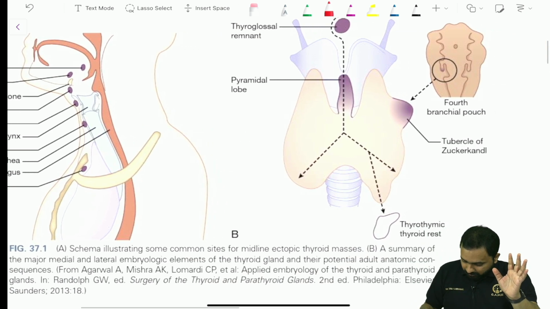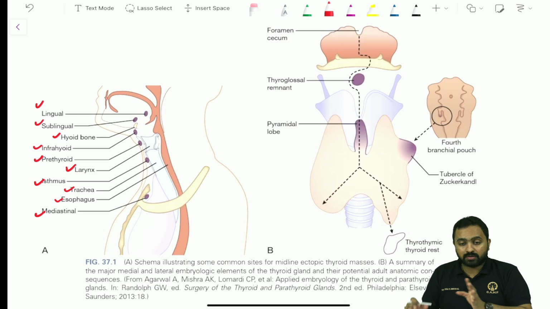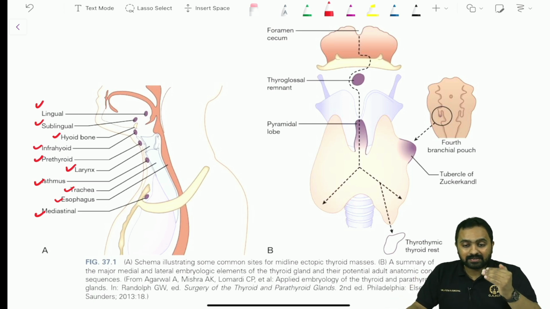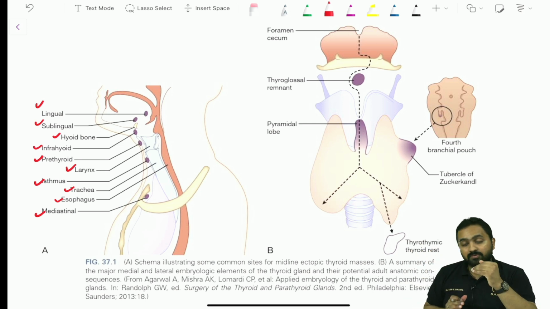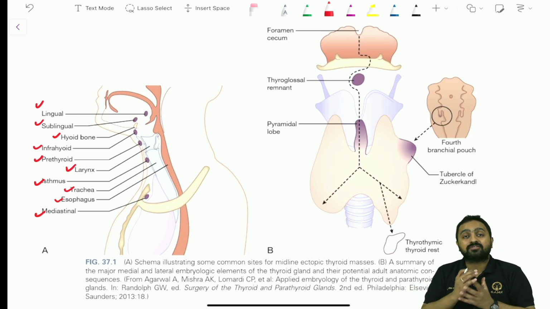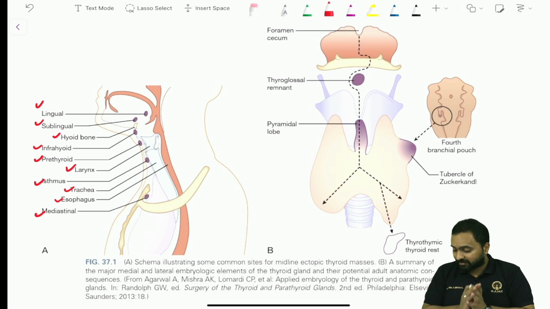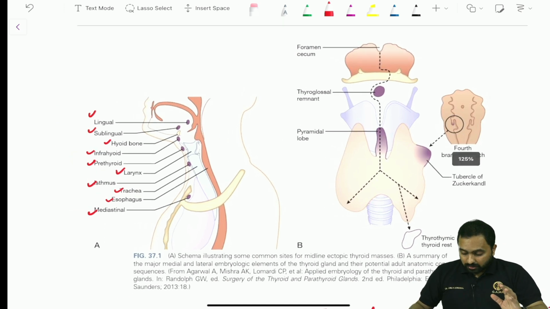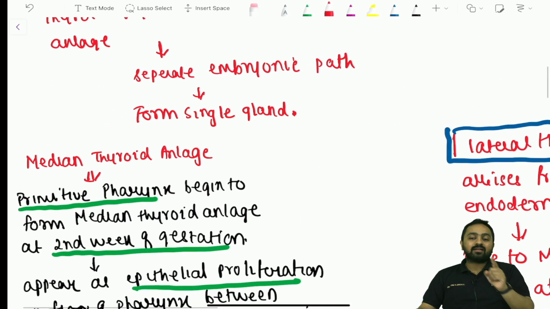Now this is your diagrammatic representation of the development on the right side from the median and the left thyroid anlage, which fuse, and the formation of the thyroglossal duct, where it forms a cyst because of the failure to obliterate and persistence of the duct. In your embryology, you need to remember the median thyroid anlage for thyroid hormone synthesis and the lateral thyroid for calcitonin.